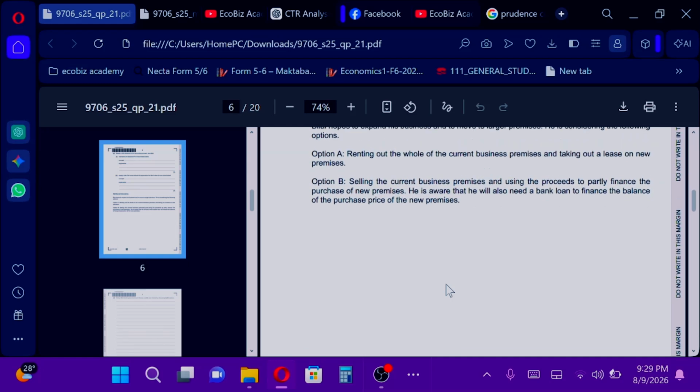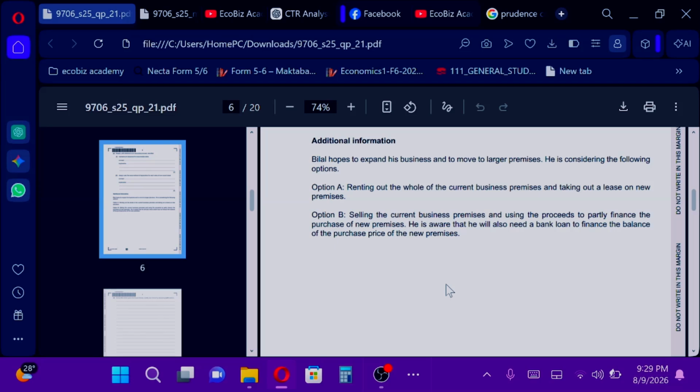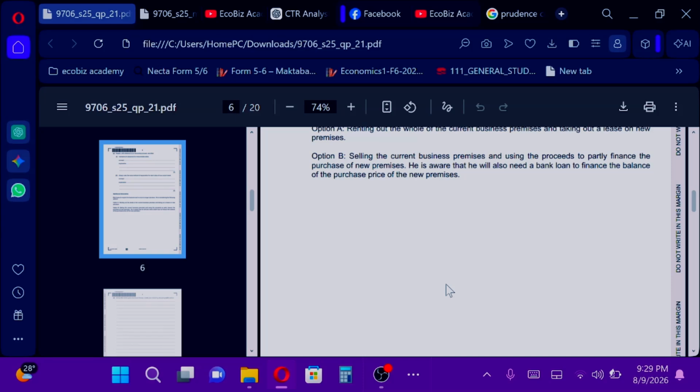This basically means that Bilal has a business, maybe let's say worth 1 million Tanzanian shillings, and then he needs to purchase a premises which is worth 2 million. Now, by selling this current premises, we'll be able to get 1 million, but it's not enough to satisfy the amount. So we have to use a bank loan to purchase the 2 million business premises.